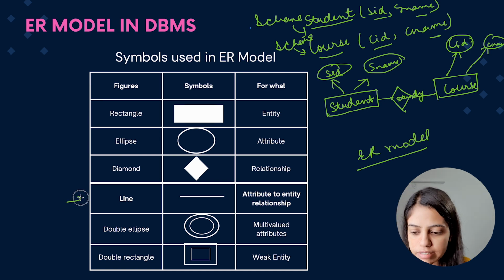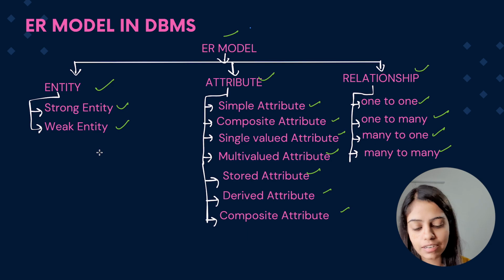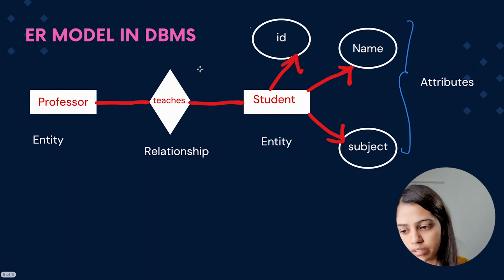There are many more things: a line connects attribute to entity and relationship. Double ellipse is multi-valued attribute, and double rectangle is weak entity. As I told, there are many subtypes of attributes and entities, so we would be looking at that in the next set of videos.